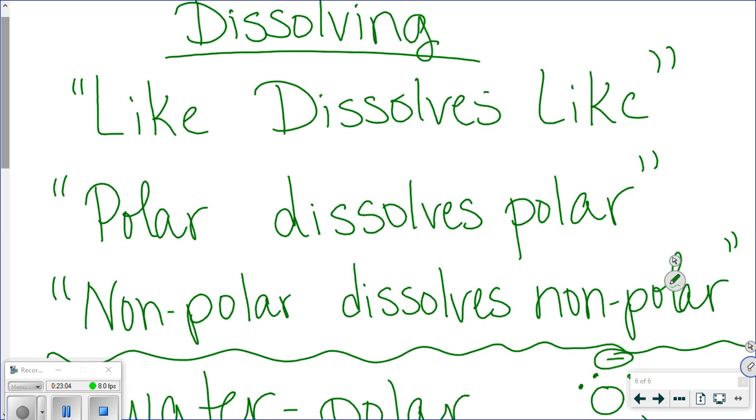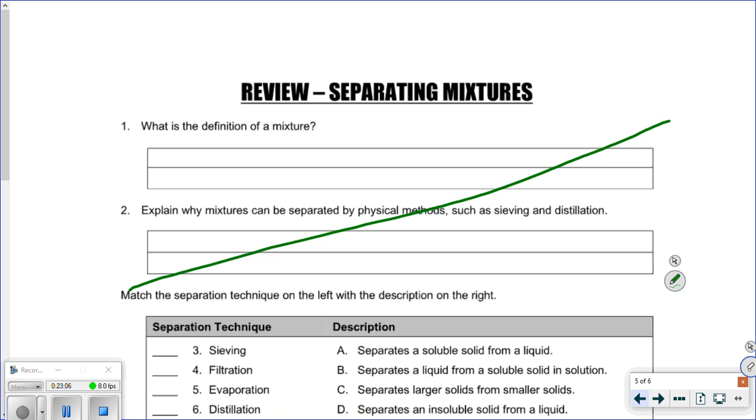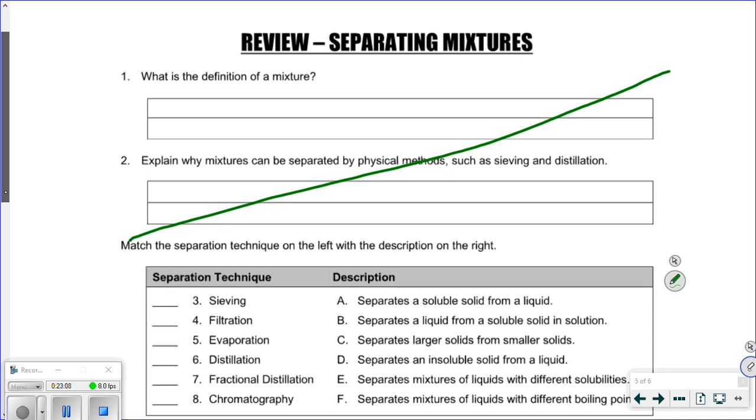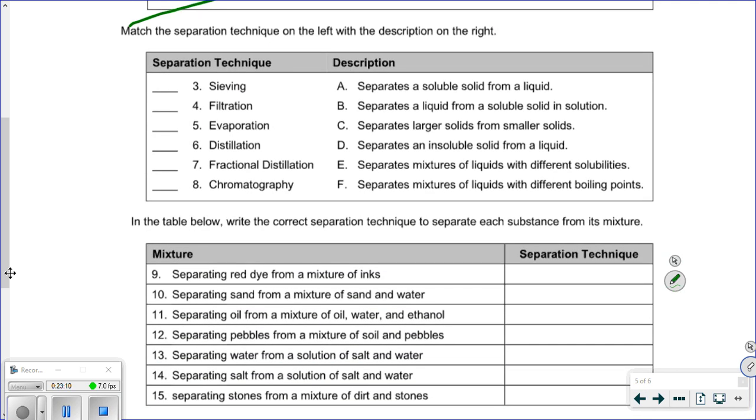Okay? All right, let's go through this little worksheet here. We're only going to do little sections here. All right, separation technique and who it matches with. Sieving. So which one of these descriptions is sieving? What does it separate? Separates larger solids from smaller solids, right? Let's see, I wonder if I can draw a little. There we go.